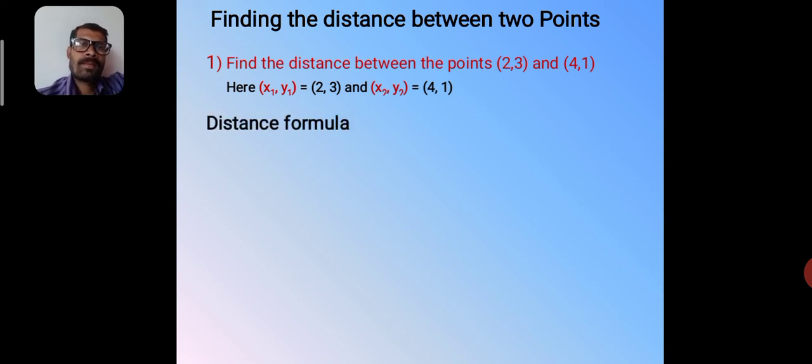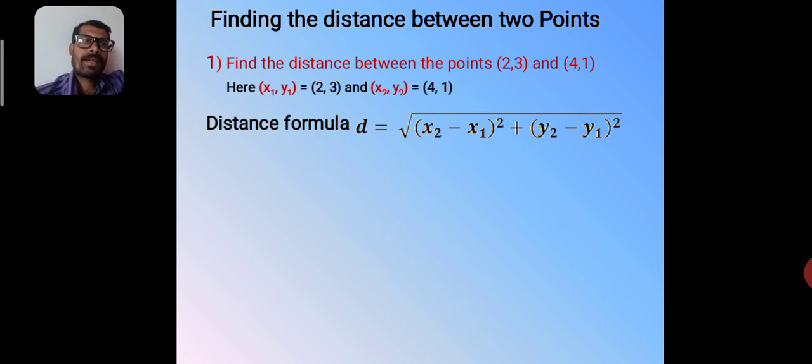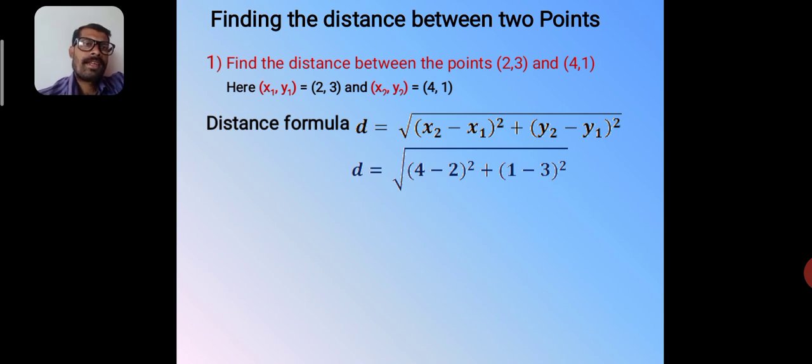The distance formula is given by, again, d is equal to the square root of (x2 minus x1) whole square plus (y2 minus y1) whole square. So x2 is 4 minus x1 is 2, (4 minus 2) whole square plus y2 is 1 minus y1 is 3, (1 minus 3) whole square.